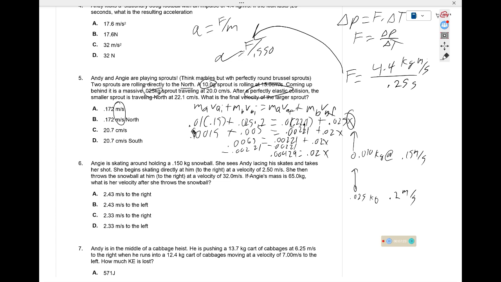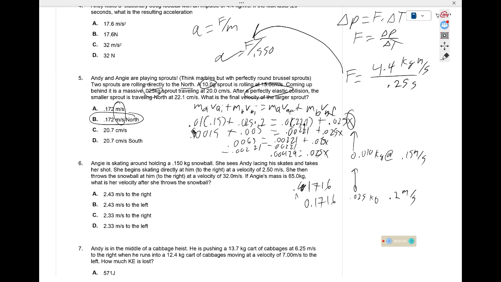Okay, because I forgot to bring my 5 down. It's 0.025. And what we end up with is 0.1716. So that's going to be 0.172 meters per second north.